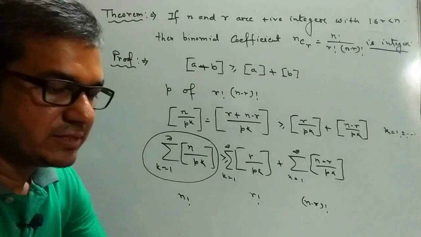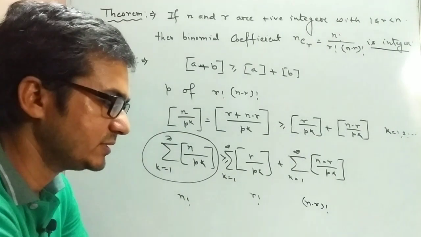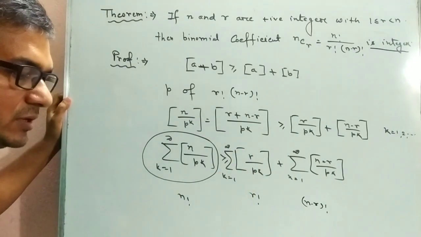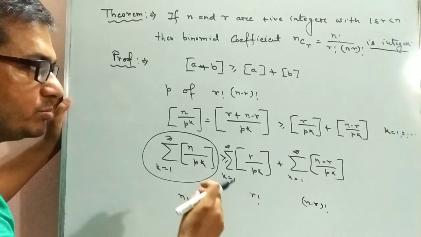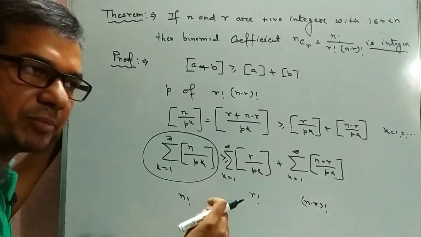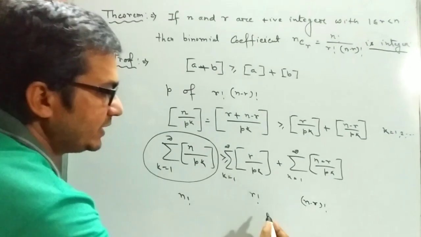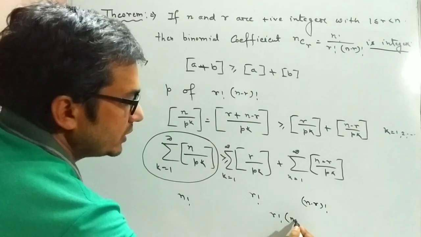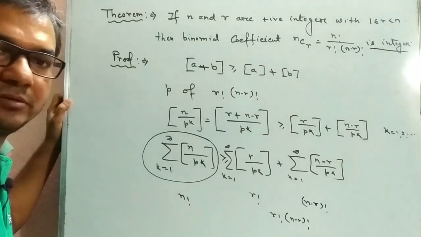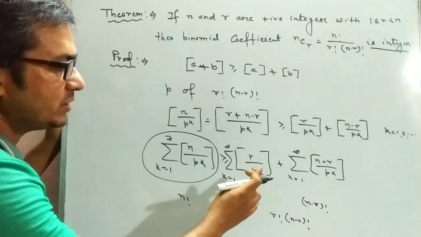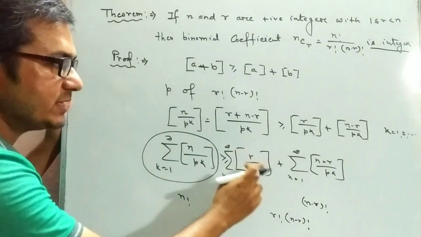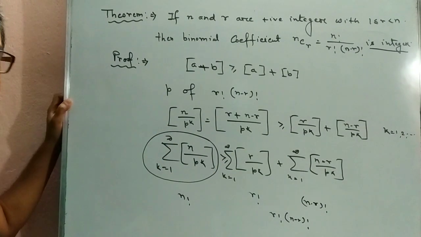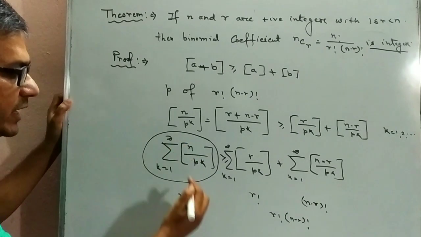Okay, hence the right hand side gives the exponent of the highest power of the prime p dividing r factorial into n minus r factorial, and this exponent is less than or equal to the exponent of the highest power of p dividing n factorial.